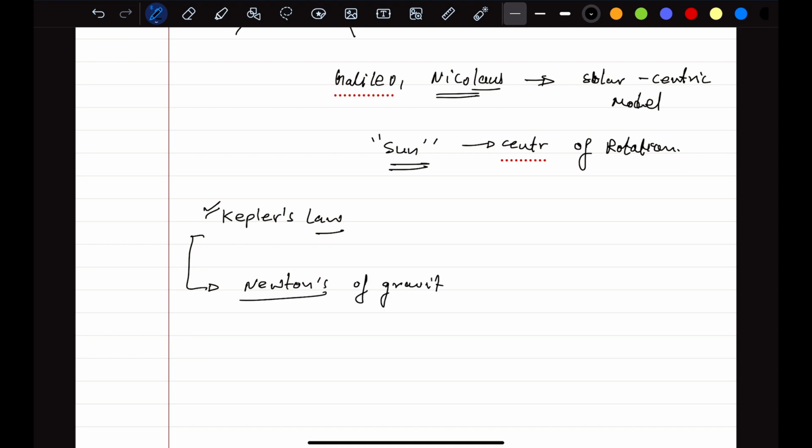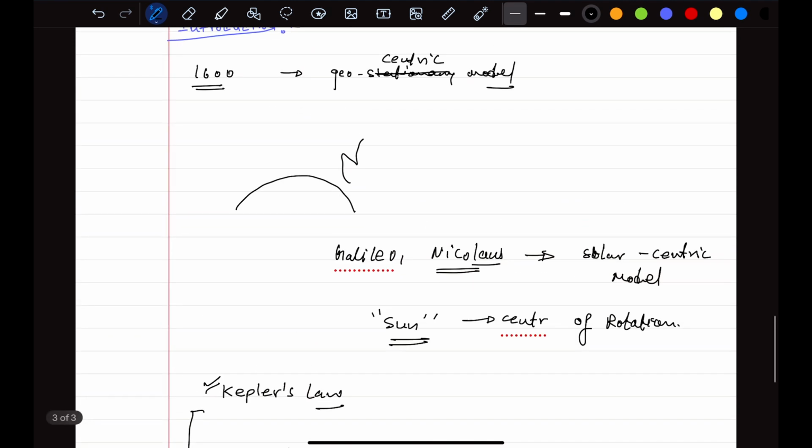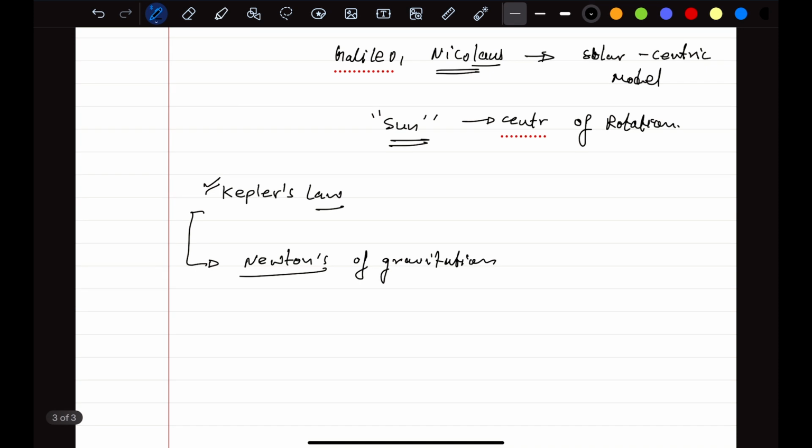It is quite surprising that Newton formulated these laws of gravitation, which describe the motion of the planets, way after Kepler, and Newton's laws could explain the motion of the planets. So this is the chronology of what we are going to discuss. First, Kepler's laws were given, so that's why we will discuss Kepler's laws first, and Newton's laws could explain Kepler's laws.